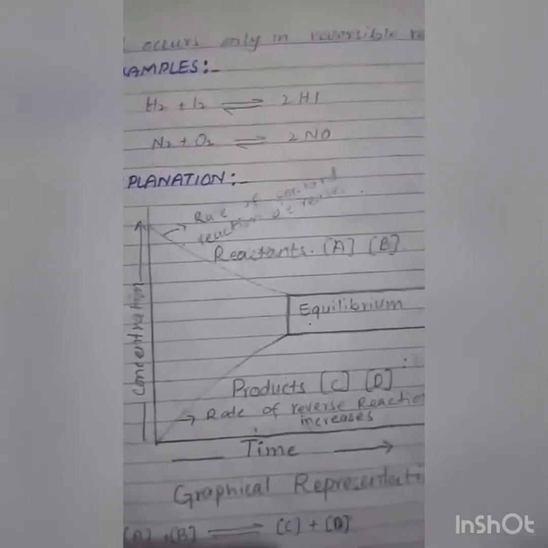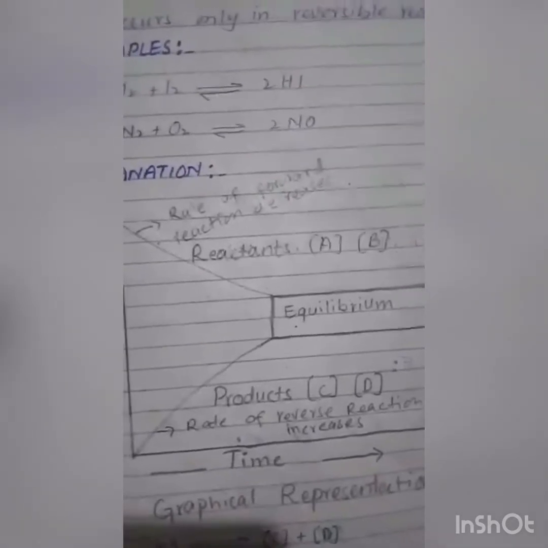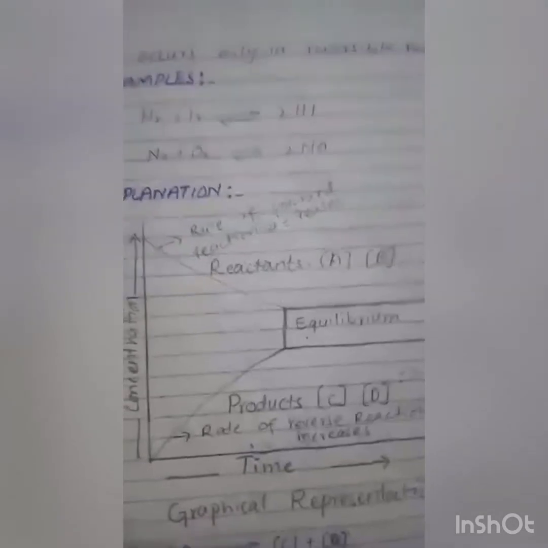After that we can say that that is equilibrium, or dynamic equilibrium. Okay, it occurs only in reversible reactions, because as we said, in an irreversible reaction there will be no backward reaction, and there will be completion of the reaction. So dynamic equilibrium will occur only in reversible reactions.